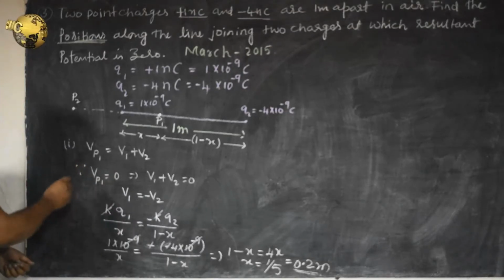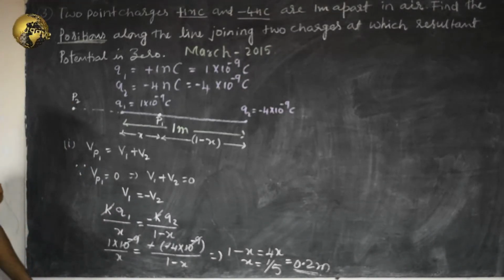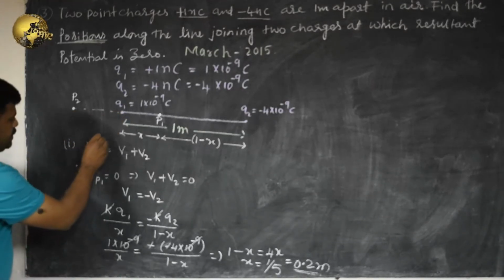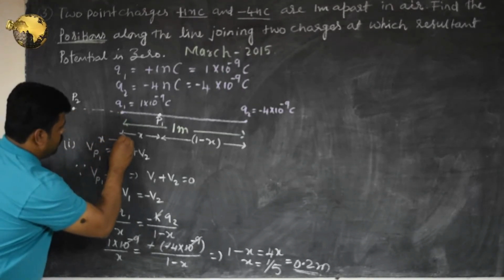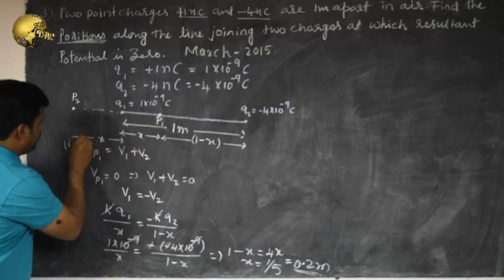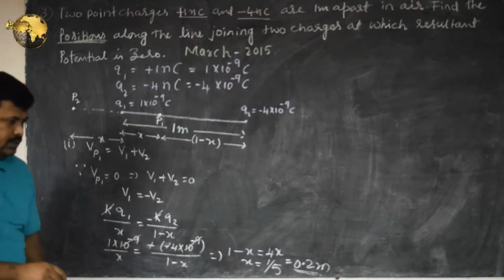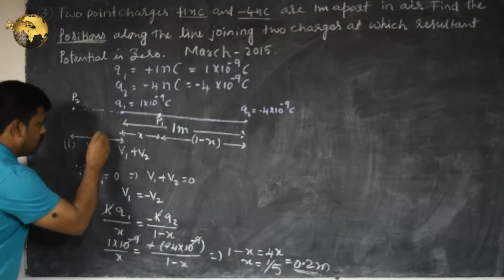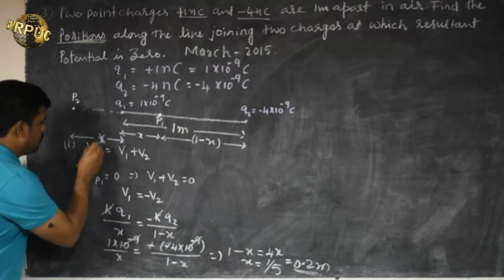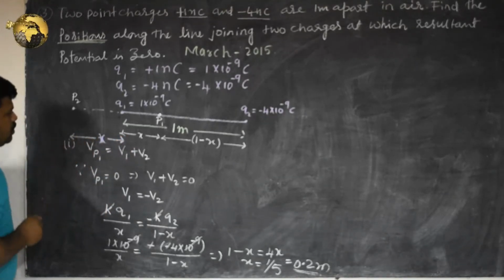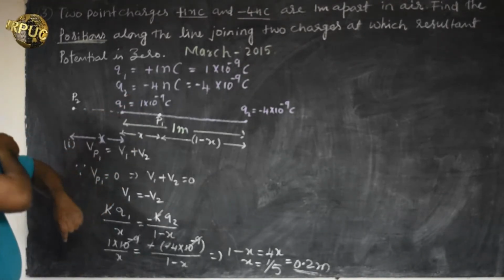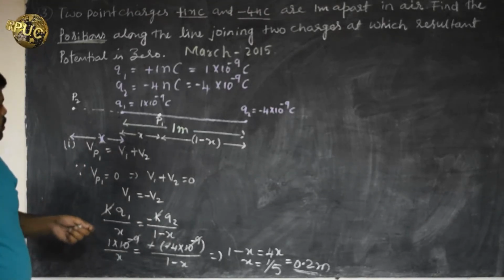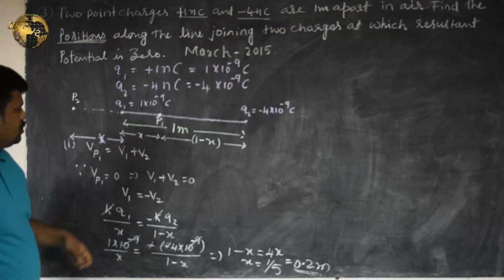Let's solve the second case, that is P2. So I call this distance from Q1 as x. From Q1, the point P2 is at a distance x. And from Q2, the distance will be x plus 1 meter.